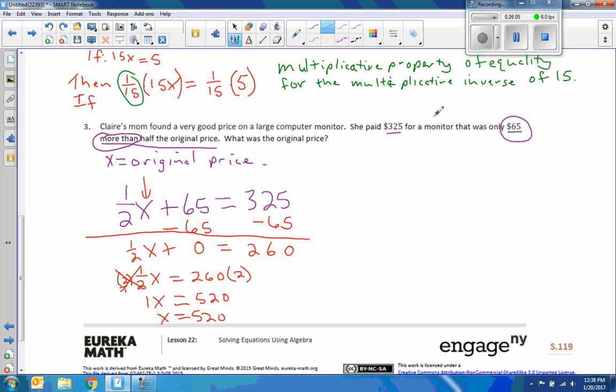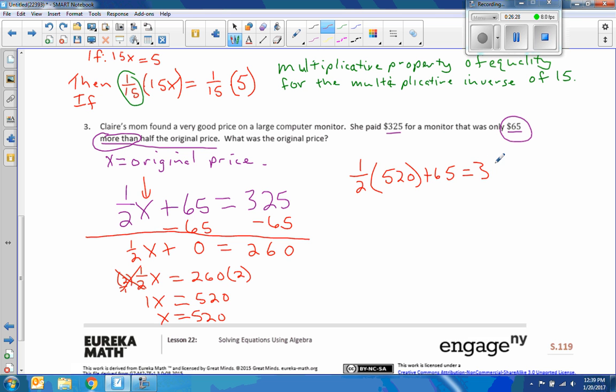So you paid $325 for one of those, $65 more than half the original price. Okay. So if I take half the original price and check, okay, now we want to check. So we're going to take our equation that we had, 1/2 our x, which is 520, plus 65.